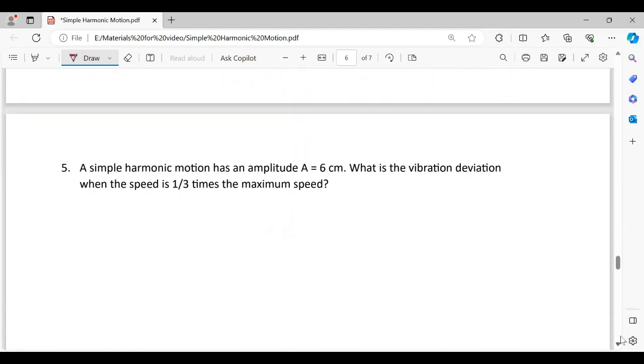Number 5: a simple harmonic motion has an amplitude A equals 6 centimeters, so we have to convert this. What is the vibration deviation when the speed is 1/3 times the maximum speed?